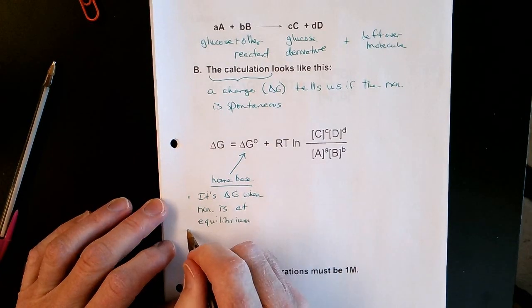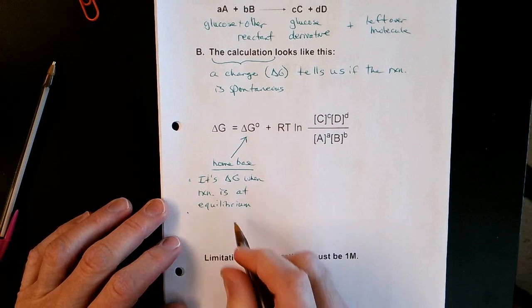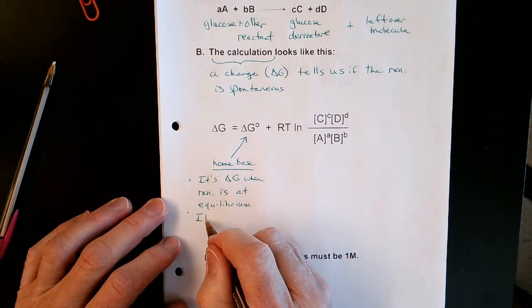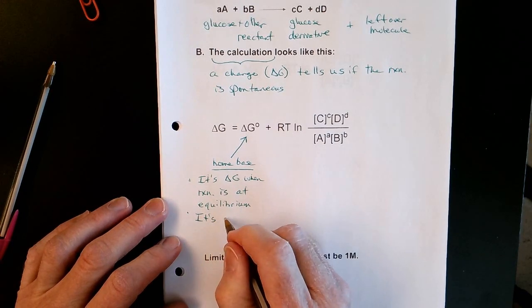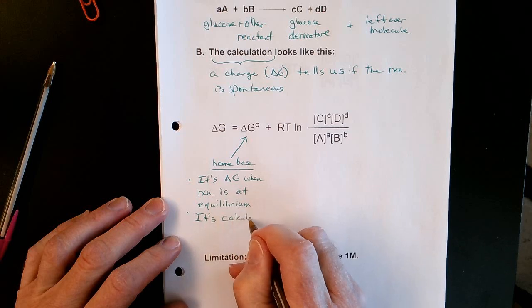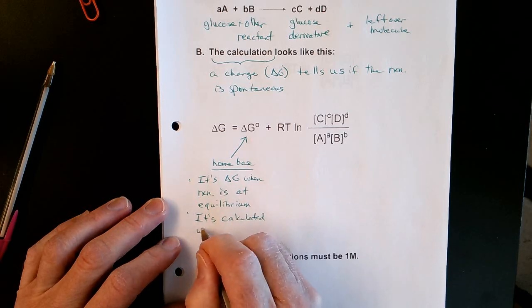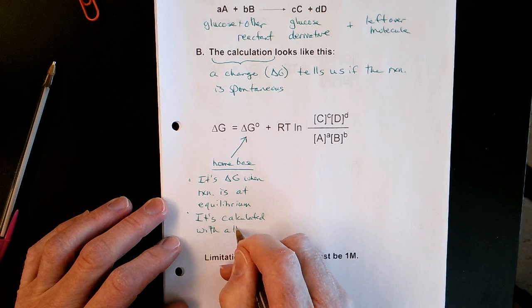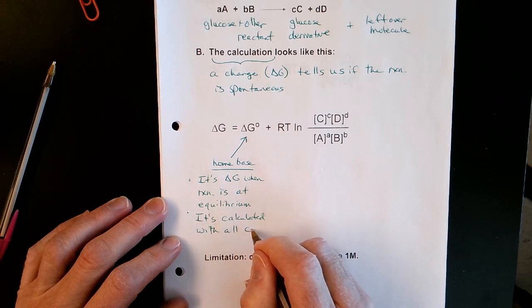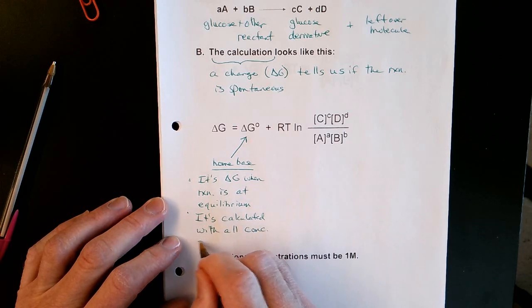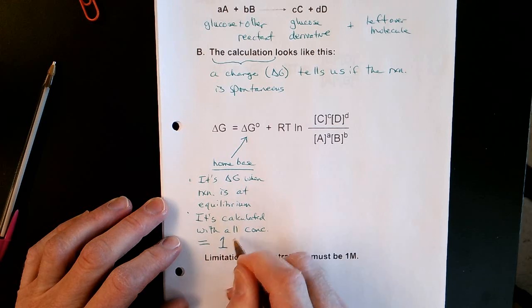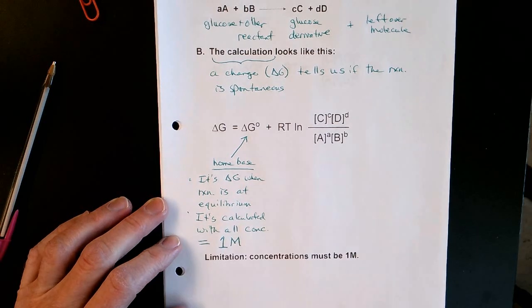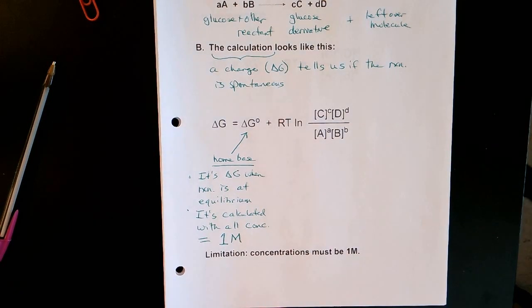So that's one thing to be aware of. It's at equilibrium. Also, it's going to be calculated with all concentrations at one value, and that one value is 1 molar. You got to start somewhere, and this is where you start.